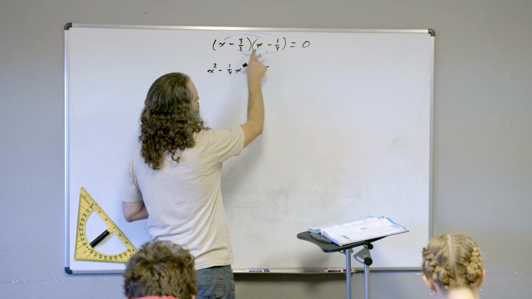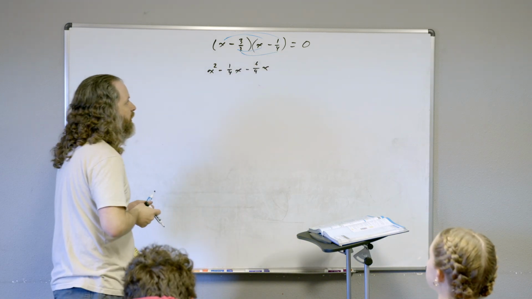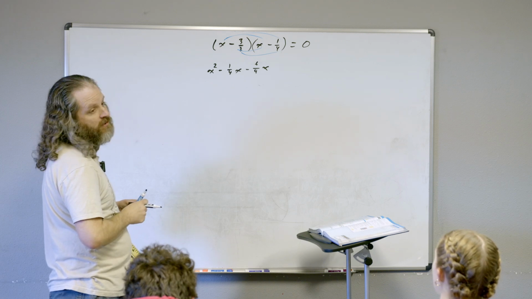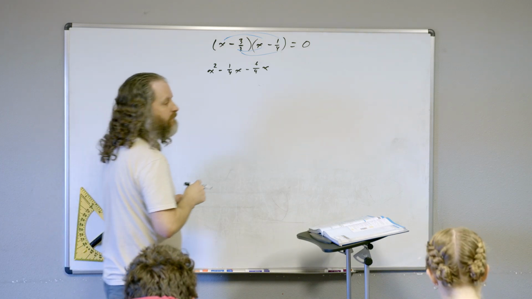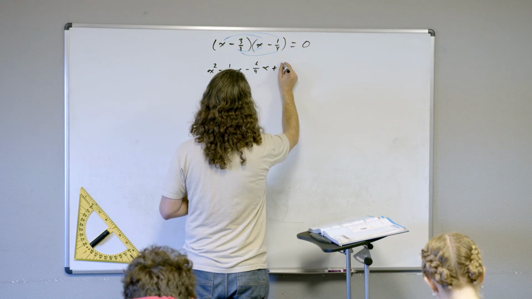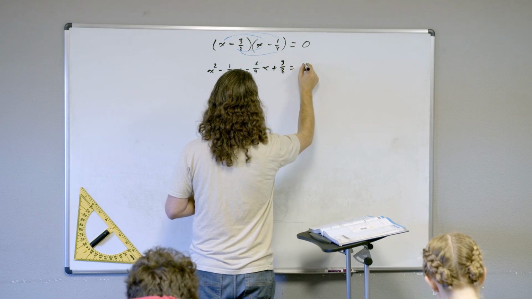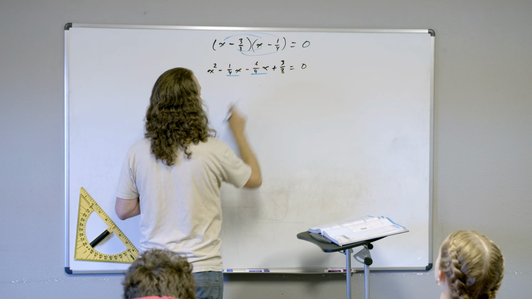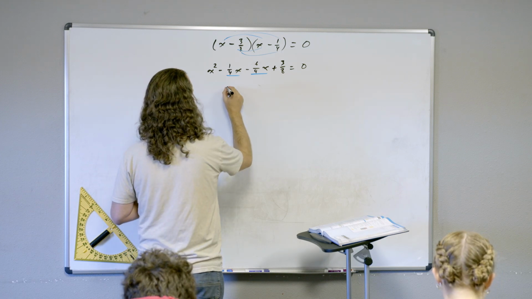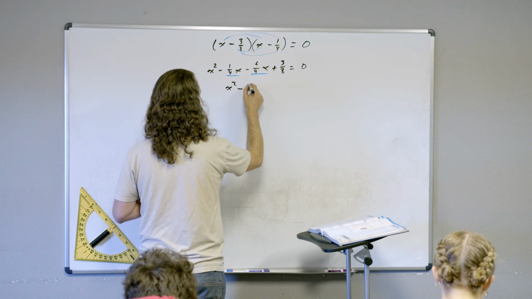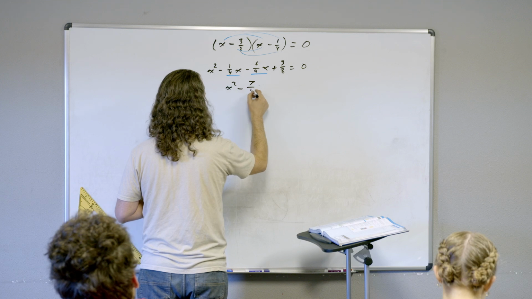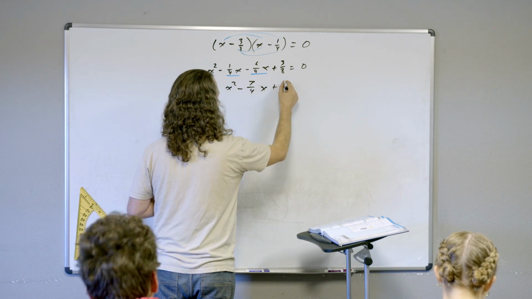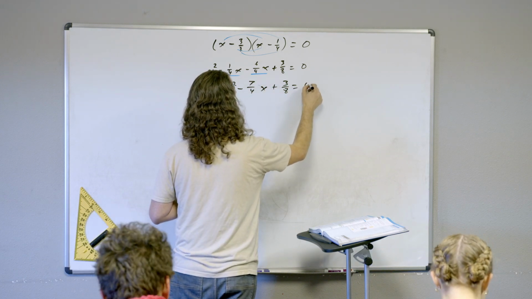And then negative 3/2 times negative 1/4 is what? Positive, right? Because negative times negative is positive. So positive 3/8 equals 0. Combine like terms. And we end up with x squared minus 7/4 x plus 3/8 equals 0.